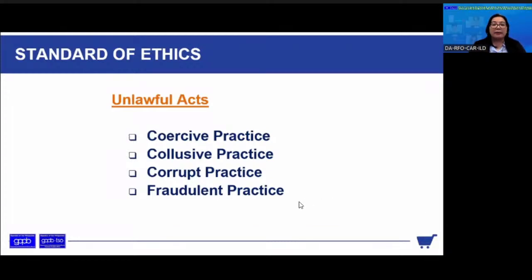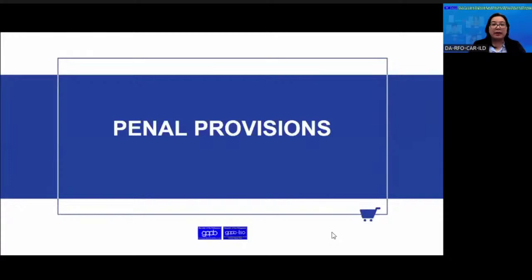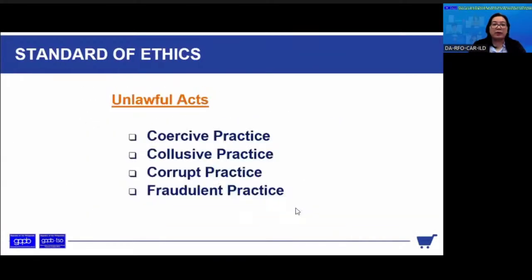So the act of corruption in itself, by offering, by bribing, is really proscribed or not allowed under the rules, no? And then of course there is that fourth one, fraudulent practices, where there is a misrepresentation.